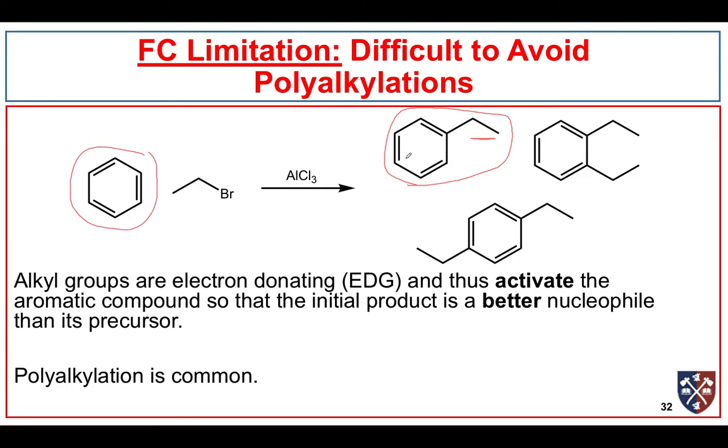So once it starts to form at a certain concentration, it begins to compete with the starting material to form these disubstituted products. That's because the alkyl groups that are electron donating activate the ring. This is going to become important. We're going to talk about activating and deactivating the ring in our next screencasts.